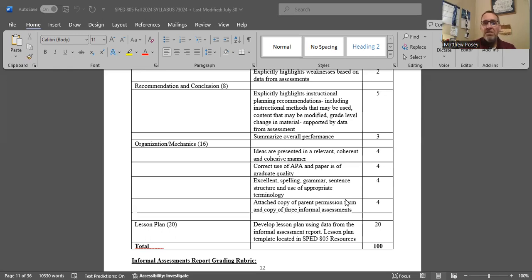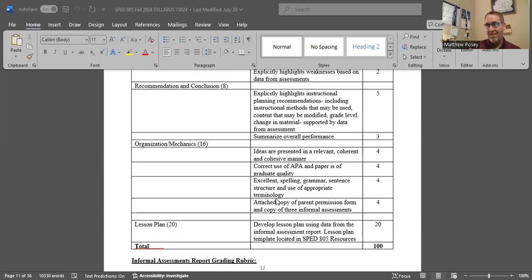So again, I wanted to let you know that in the course shell, there is an example of an informal assessment report that was done by a student in previous courses, many semesters ago, that I use to give you an outline of what the report looks like, how to lay it out, and the format of it.